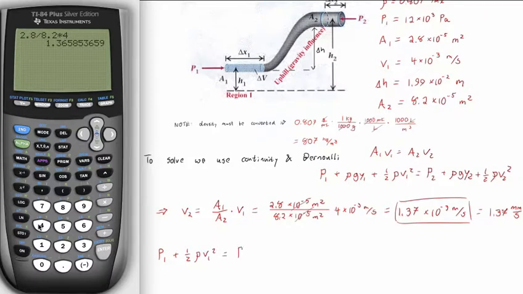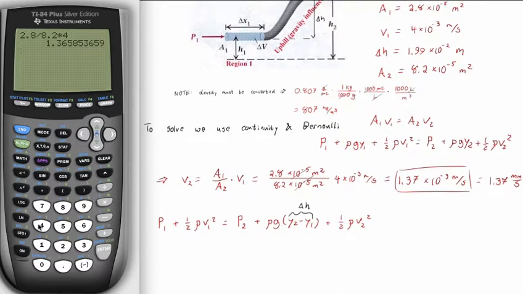Over on this side, I'm going to have P2, and then rho g (y2 minus y1). That's our delta y, and it's positive. That's what I call delta H, in fact. And then our last term, 1/2 rho V2 squared, and we now know what V2 is.